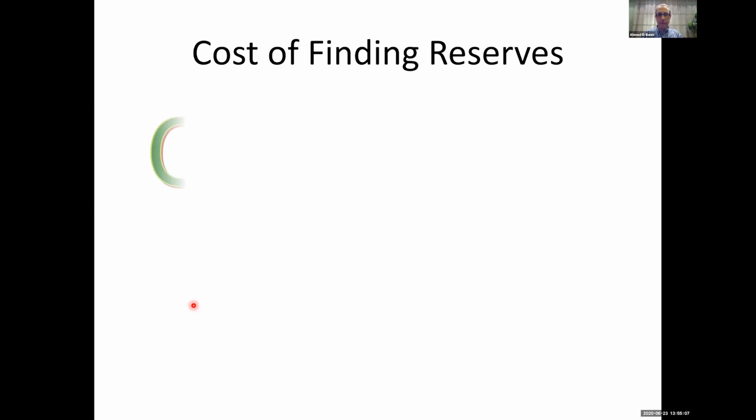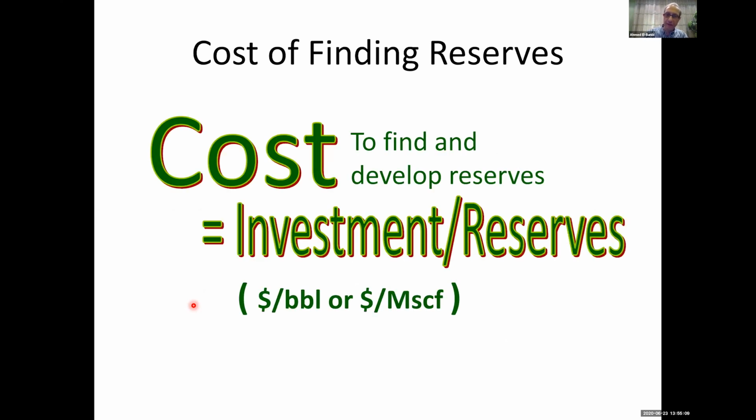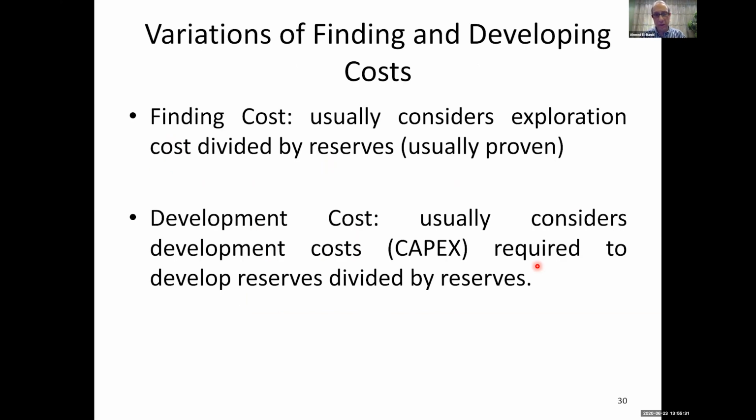So what is the definition of cost of finding and developing reserves? Cost to find and develop reserves is equal to investment in finding, which means exploration and development, divided by how much reserves we can book. Usually it is the proven reserves that we look at. There are variations of cost of finding and developing reserves. Sometimes we look at finding cost only.